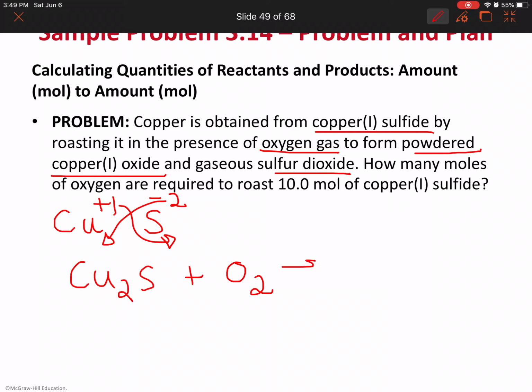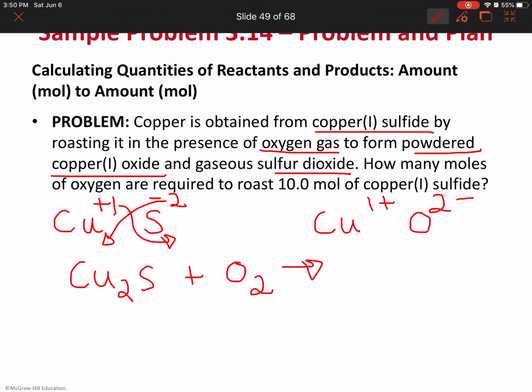And the products, powdered copper 1 oxide. Copper 1 again, copper 1 plus charge, oxide again in group 6, common ion it forms is -2. So what's going to be the formula for copper 1 oxide? Remember, we have to say copper 1 because copper can be 1 or 2, a transition element, and they have to write in parentheses what is their charge.